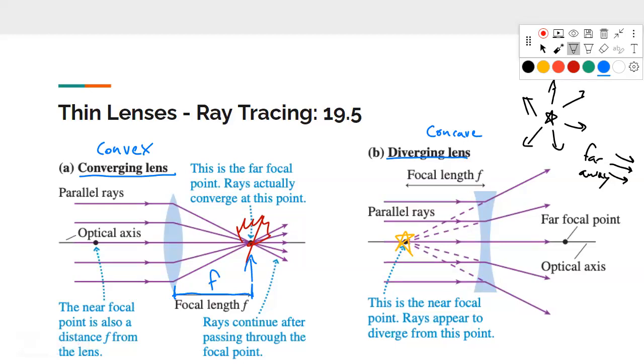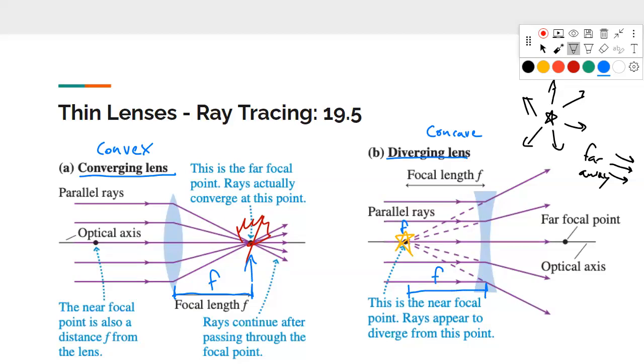Very similarly, for a diverging lens, we have a focal point, which is where the rays seem like they would have originated when we shine parallel light on the lens. You can see for a diverging lens, this focal point doesn't actually have anything special happening at it. It's just an artifact of our brain trying to reconstruct where these light rays originated. But we can still define a focal length f.